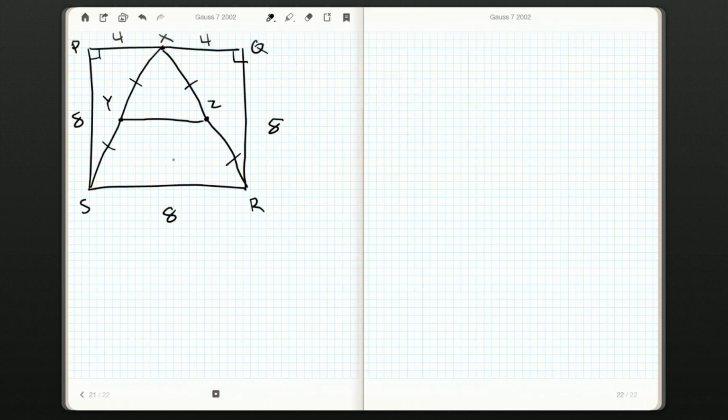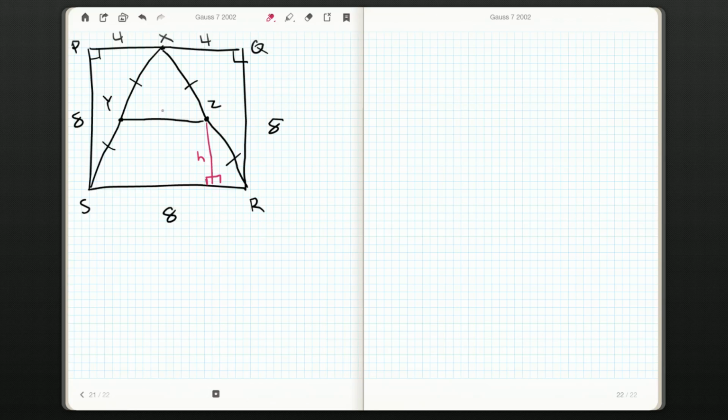One always comes to mind, and I'm particularly happy with the fact that we already have the base of the trapezoid. The one that comes to mind is always, if I can figure out the height of the trapezoid, so we'll call him H, that'll be something we're looking for. And actually we'll keep the red here.